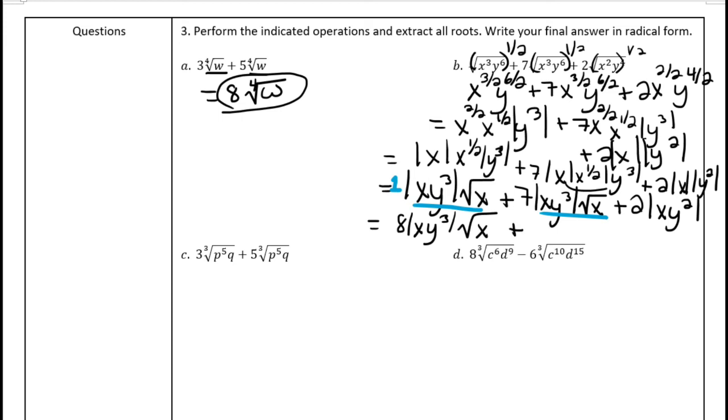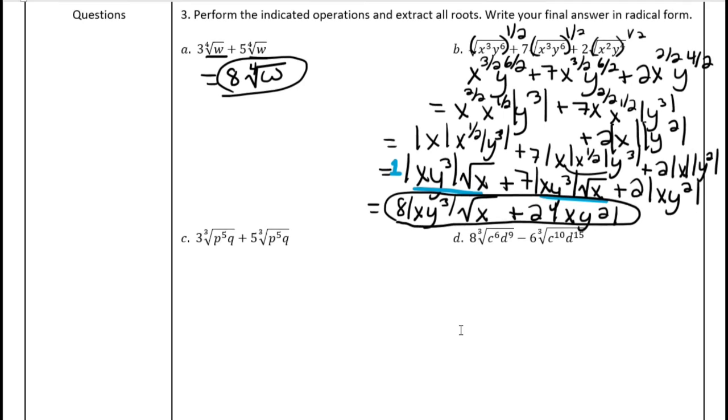Okay, so that takes care of those two. This is not a like term, so I'm going to go ahead and just rewrite that. Okay, and that's how you simplify that. So do the exponent properties, extract roots, and then combine the expression. Combine them together.